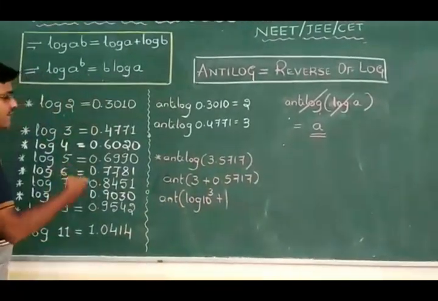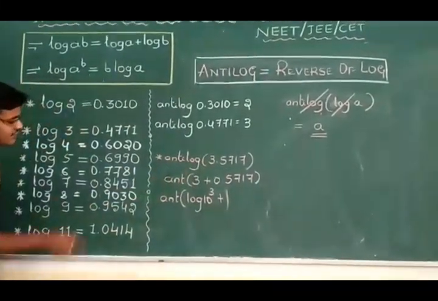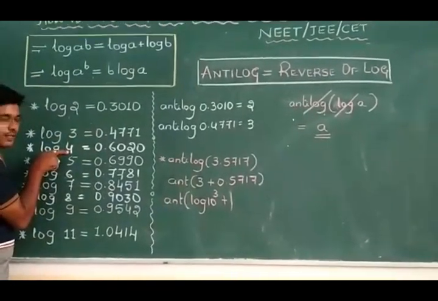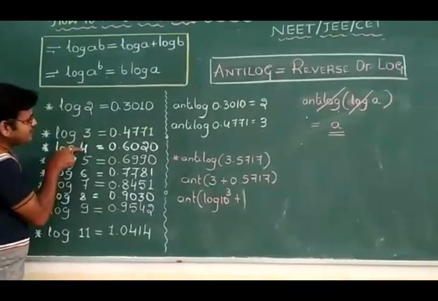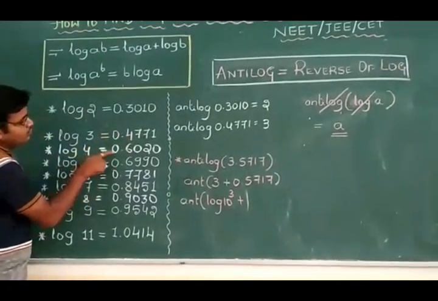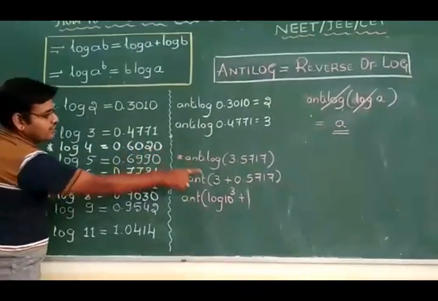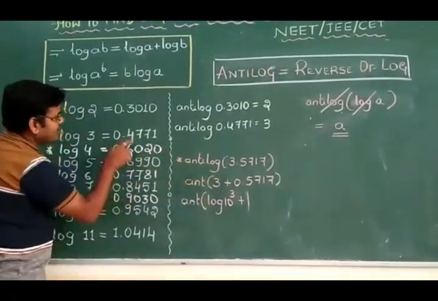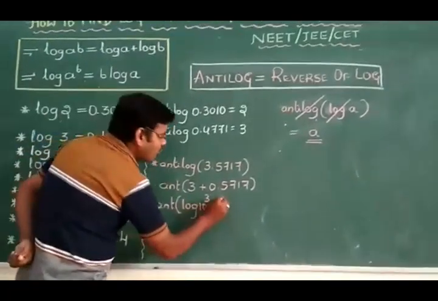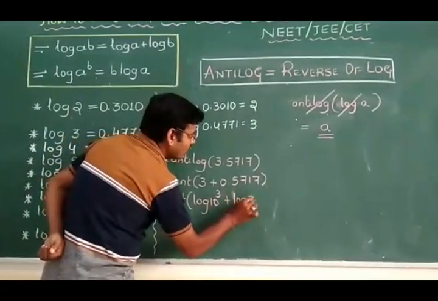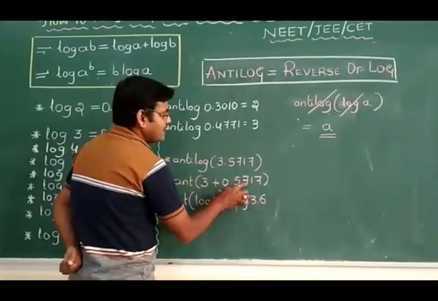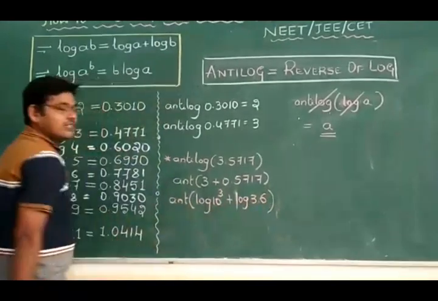Already you know the values: log 3 equal to 0.4771 and log 4 equal to 0.6020. So 0.5717 comes in between log 3 and log 4. Approximately let us take log 3.6, so 0.5717 is nothing but log 3.6.